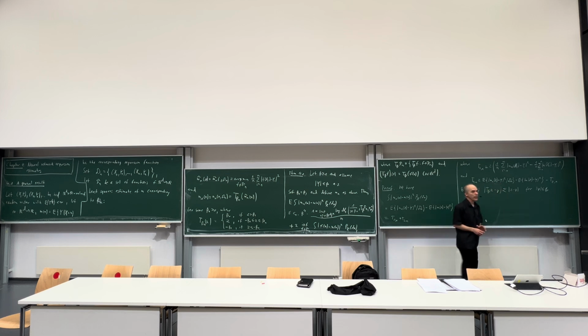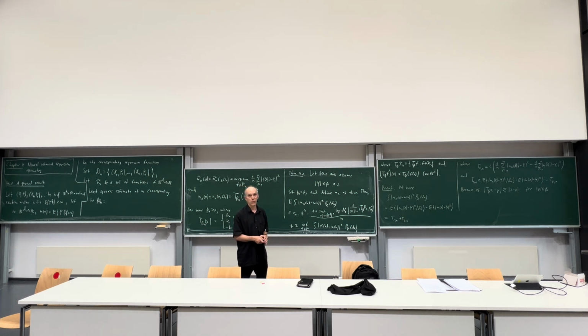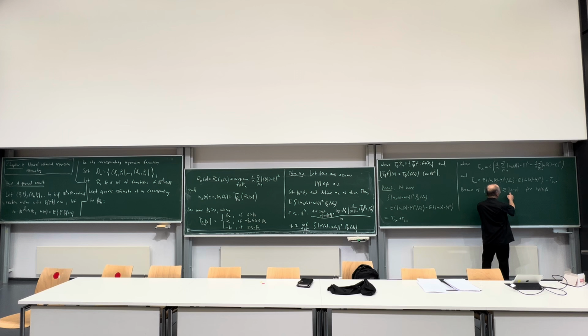You easily see this with a three-case distinction: z greater than beta n, z less than minus beta n, or z between minus beta and beta. If z is between, then obviously it's equal, but for greater or less, you see it.